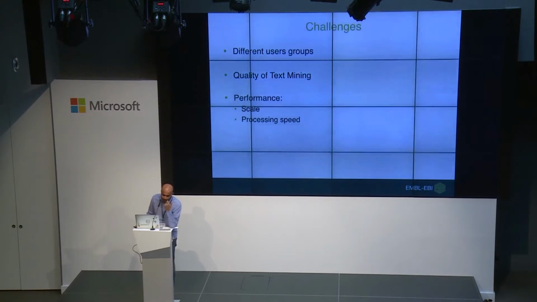As we developed, we came across some challenges. Mainly, since we are a cross-platform resource, we are dealing with different user bases, so there are different needs. Some users are not interested in gene functions, some are more interested in organisms. So this is something that we need to deal with.